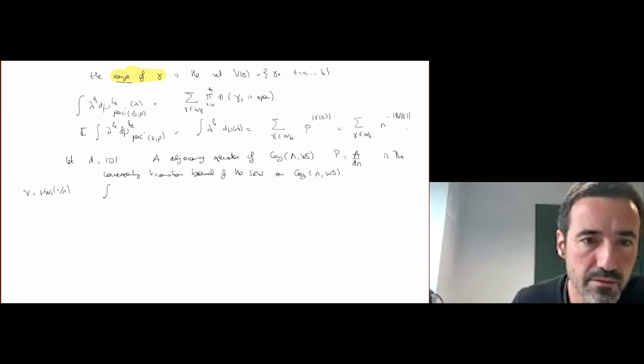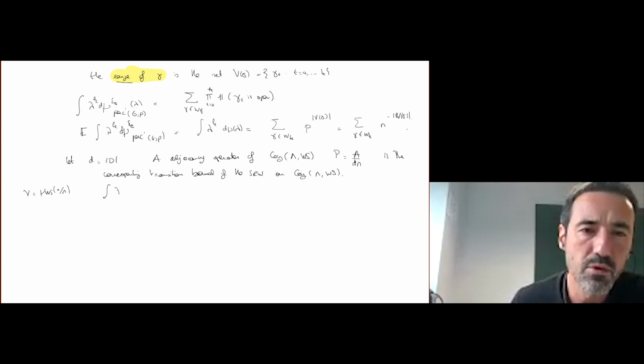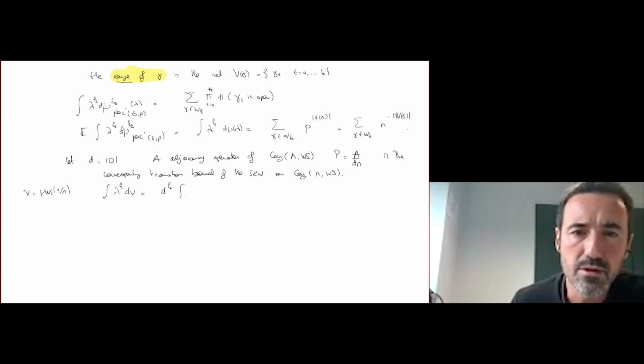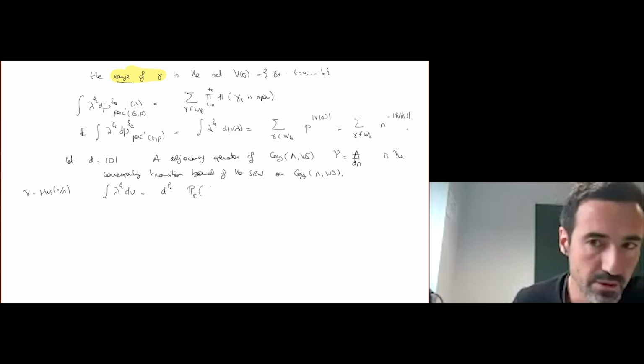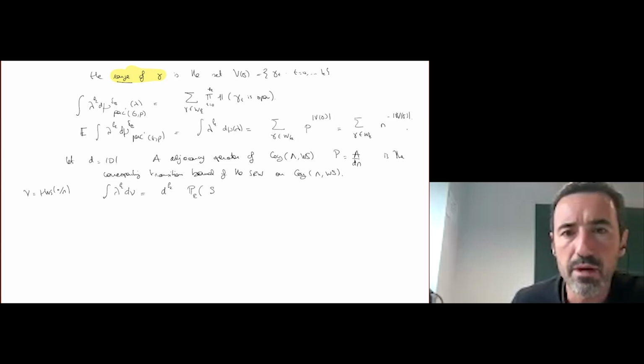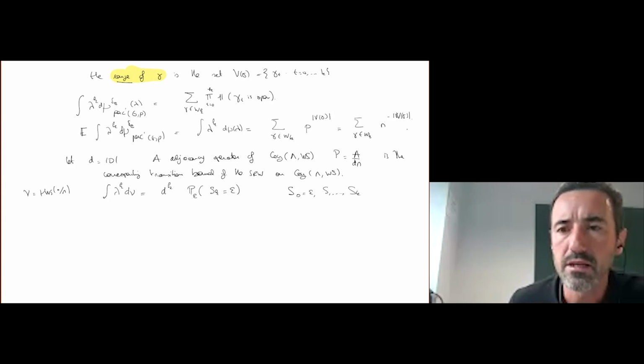Since nu is only rescaled by n, the moments of d nu are d to the power k times the moments of the spectral measure of P. You can interpret that as the probability, starting from the unit of the group, of being back at the unit of the group after k steps, where S_k is a simple random walk.